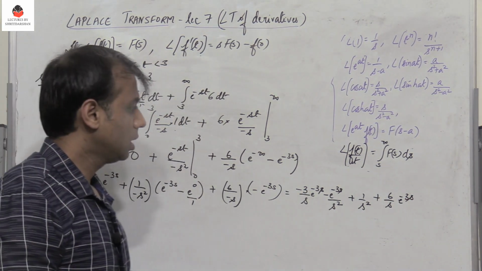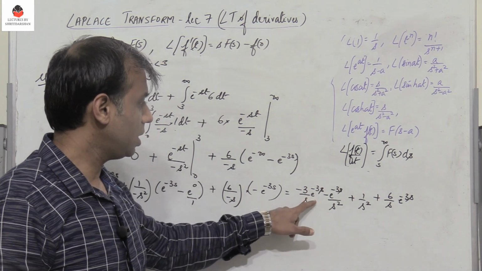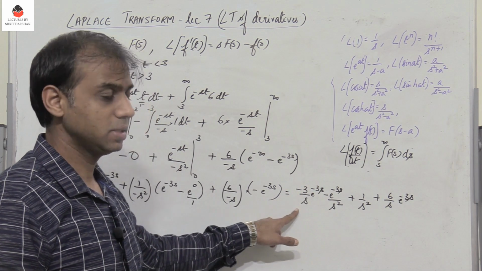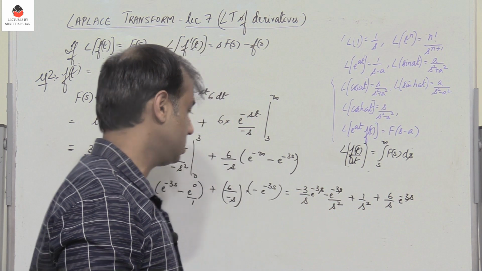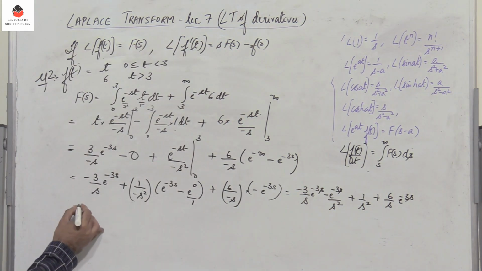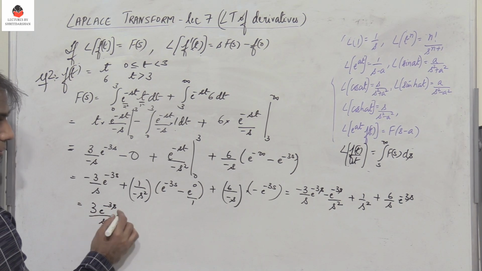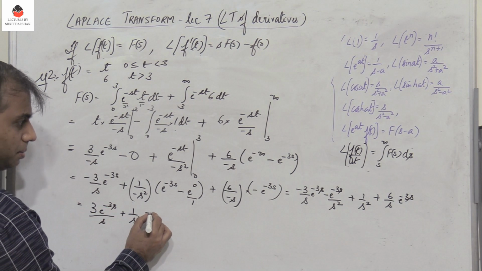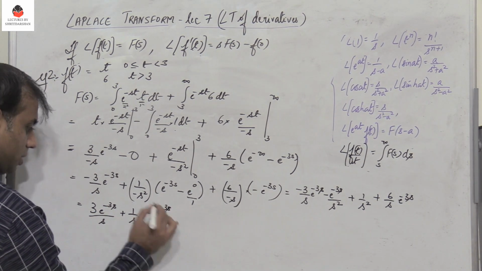Observe, here in this case you have e power minus 3s into minus 3 by s, and e power minus 3s into 6 by s. So 6 minus 3 is 3. You get 3 e power minus 3s by s plus 1 by s square minus e power minus 3s by s square.